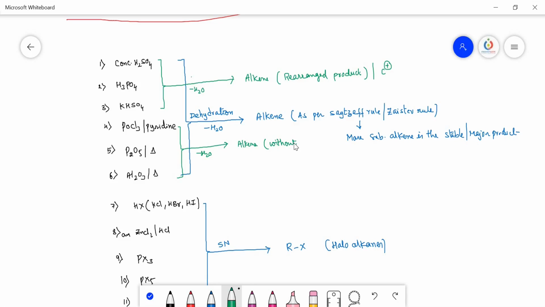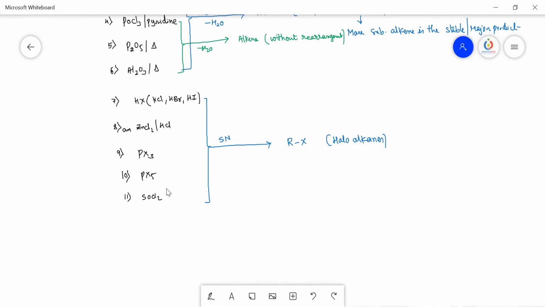So when you want the product without rearrangement, both will give the Saytzeff product only, but the first three give the Saytzeff product after rearrangement. The last three give the Saytzeff product without any rearrangement. Regarding these particular reagents, we shall discuss in the coming discussion. But basically, whenever an alcohol is subjected to these reagents, the product is haloalkane.